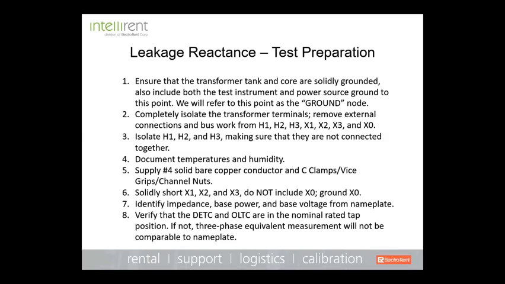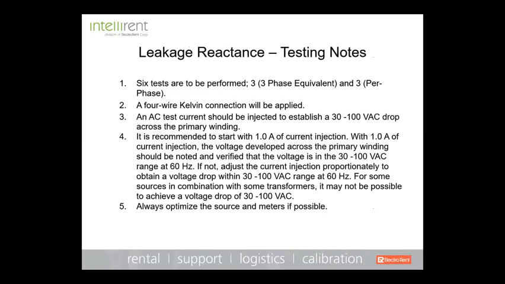And then identify the impedance, base power, and base voltage from the nameplate, and verify that the de-energized tap changer and on-load tap changer are in the normal rated tap position. Because if it's not, then your three-phase equivalent measurement won't be comparable to the nameplate. Okay, and just a few notes right here.